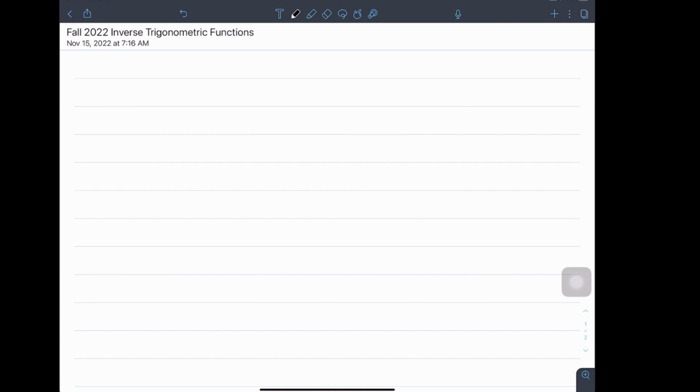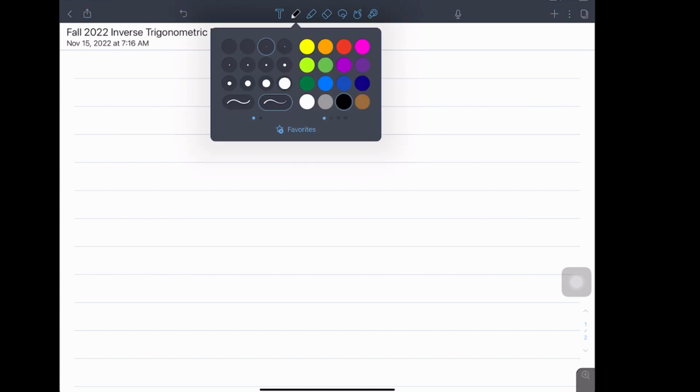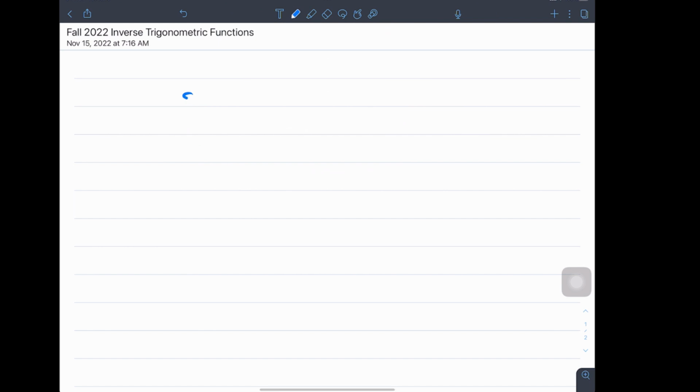We have what's called inverse trig functions, right? Remember, we were looking at this symbol and this symbol that are in our calculator. I think we used inverse cosine, and I think we used inverse sine.